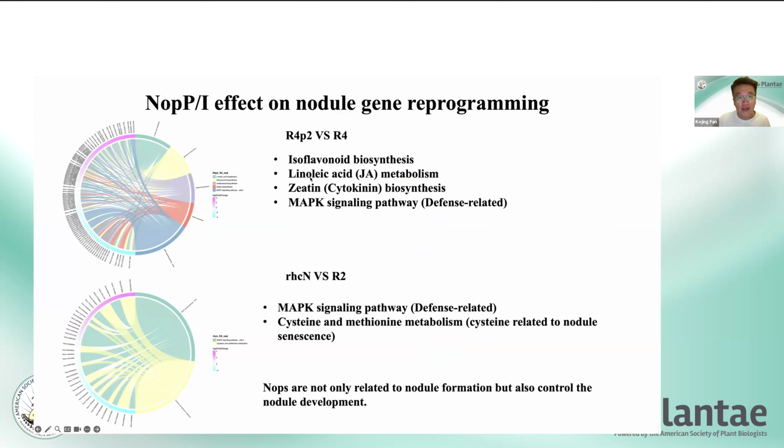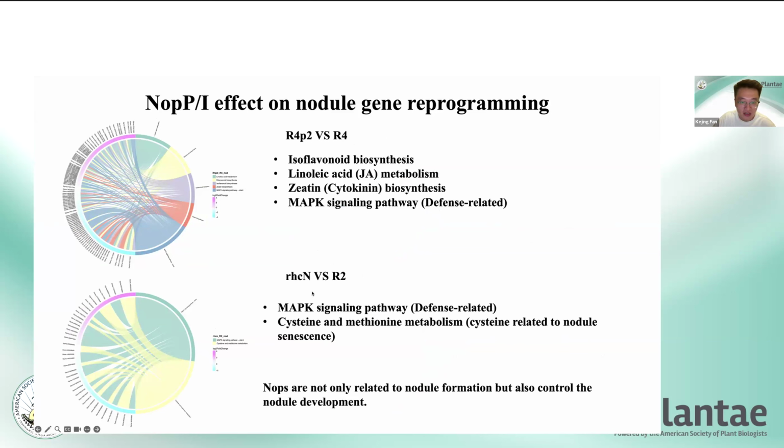Now look at the NOP. When the R4P2 was compared to the R4 wild type, the differentially expressed genes were enriched in isoflavonoid biosynthesis. Also, the GA and cytokinin pathways were related, as well as the defense-related MAPK signaling pathway. Then we checked if we totally block the effectors and NOPs from getting into the soybean host, whether anything changes.